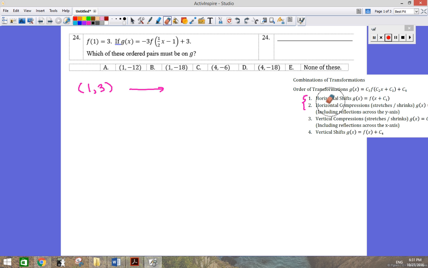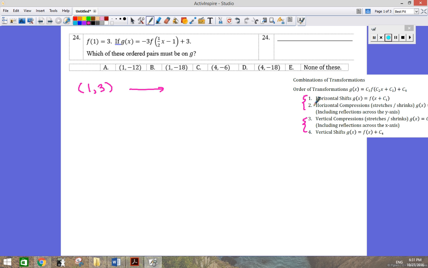So that's why you see horizontal in the first 2 steps and then vertical in the last 2 steps, because we're starting with changing the transformations on the x coordinate, left and right, horizontal. Then we go on to apply our transformations to the y coordinate, which is vertical, up and down.